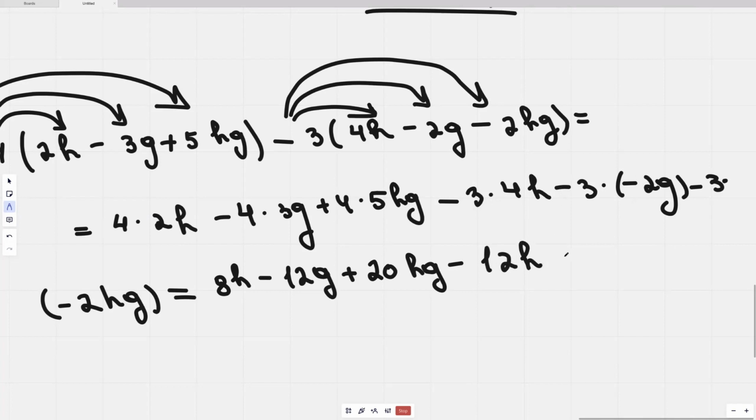Negative sign, and the negative sign will give us the positive, 3 and 2 is 6, the g itself, and then the negative again, which means plus, 3 and 2 again, so 6hg.